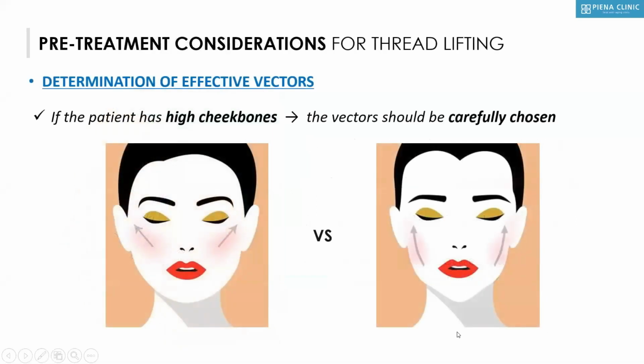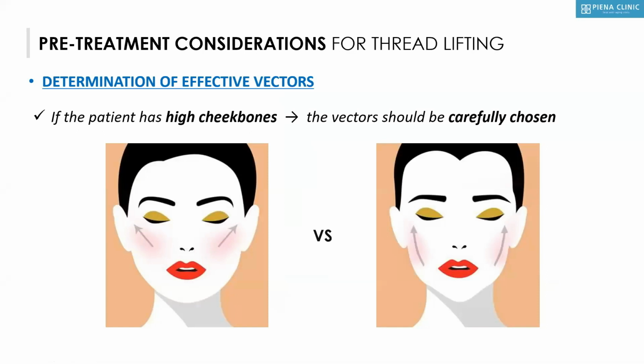And many young Asian women have pronounced lateral projection of the face due to high cheekbones. They also tend to have a central concavity of the midface, mainly due to bony hypoplasia from genetic predispositions.